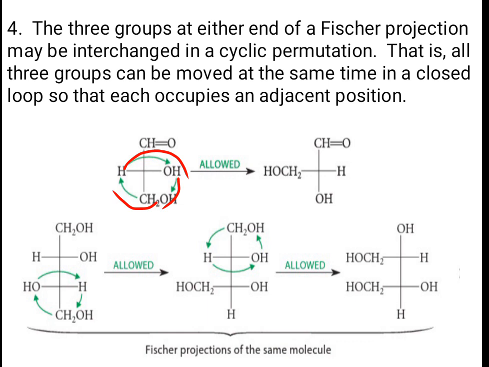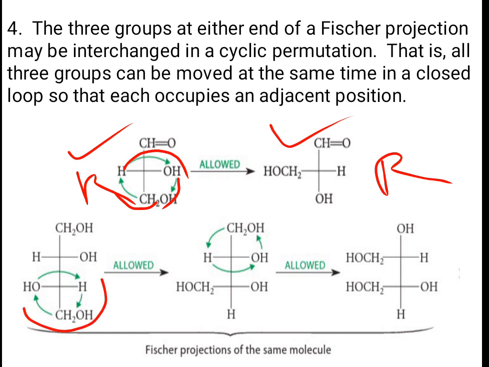This is Fischer allowed. So all the conformations will be the same in case of this one and this one. If this center was R, here also this will be R in the RS nomenclature. Now in case of this, you can also just make a cyclic permutation here or even here.